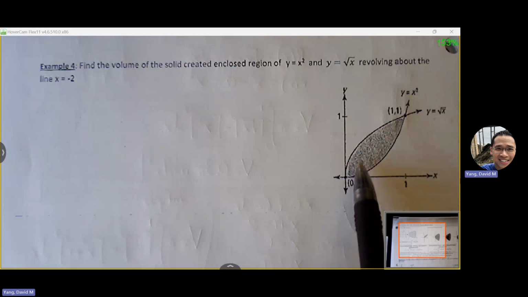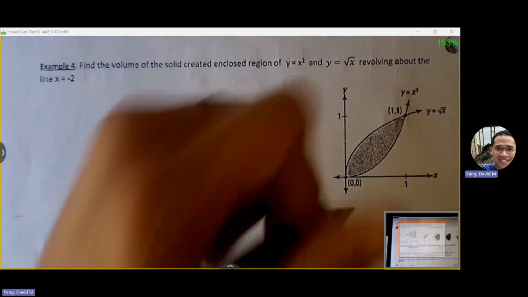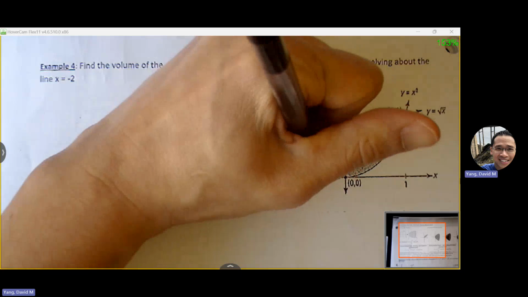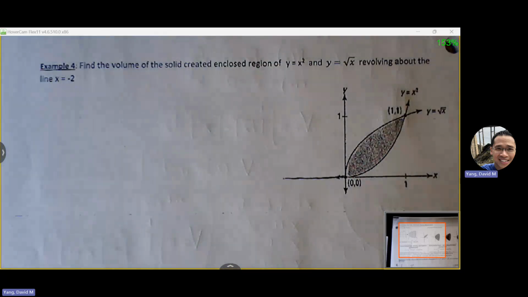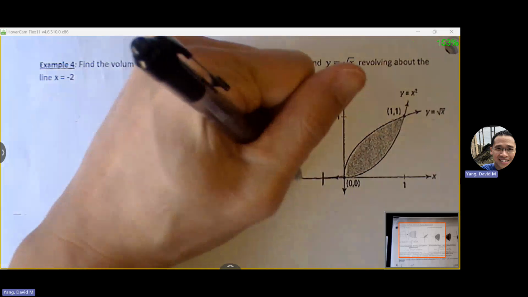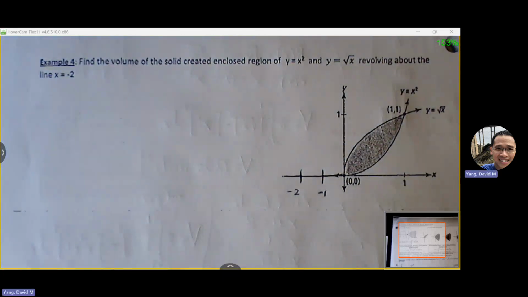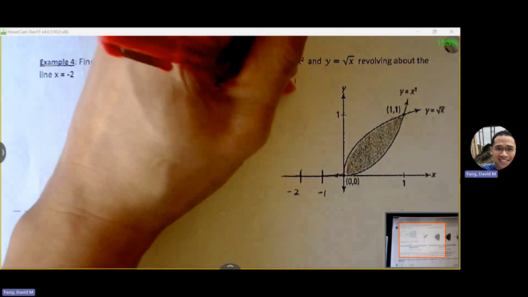We have the same shaded region though, but now we're revolving about the line x equals -2. Now x equals -2 is a little bit off the grid here, so I'm going to extend my graph here and count to -2. It's not to scale, but it's okay. And then here is the dotted line.